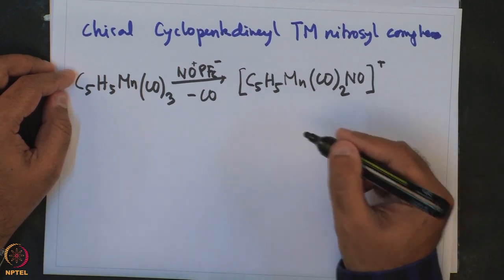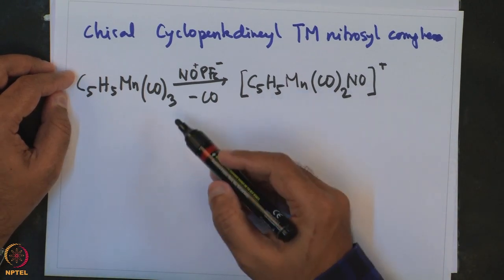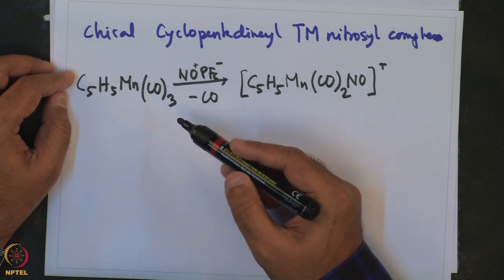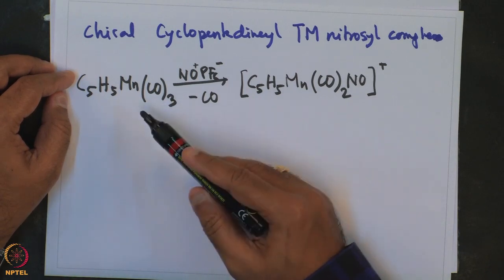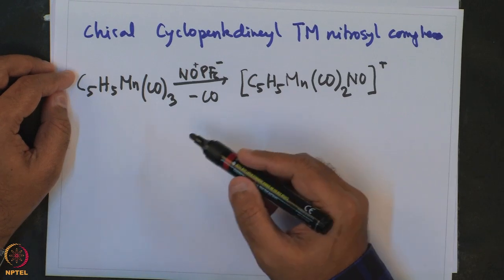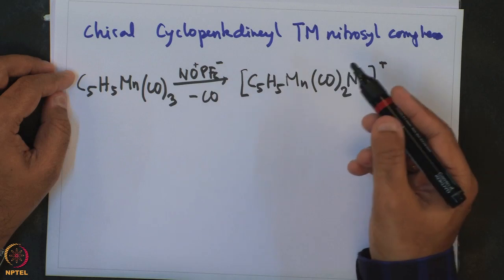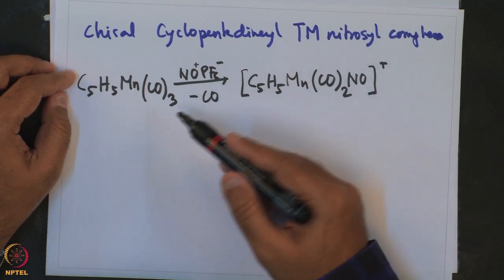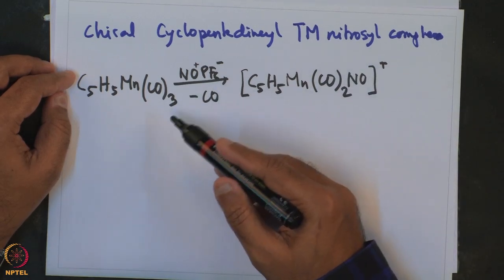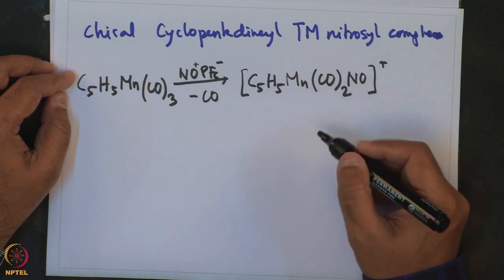Another important thing about this reaction is that even though we have this notion of carbonyl being very tightly bound to the transition metal because of ligand to metal forward donation and metal to ligand pi backward donation, it turns out that the NO can replace a tightly bound CO and make a metal nitrosyl complex.